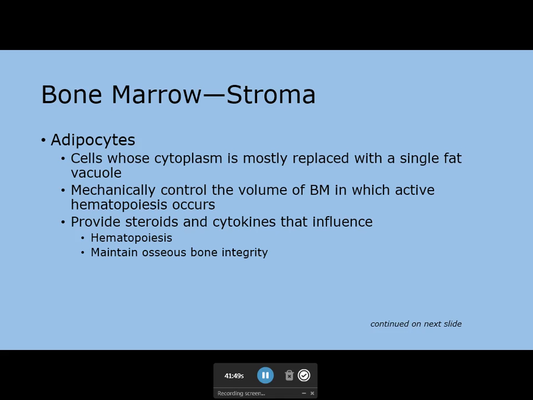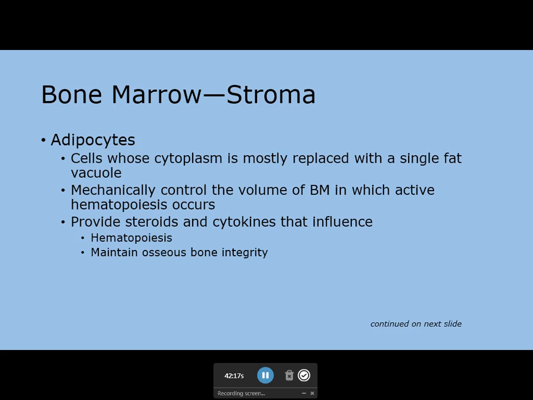Technically, you may have started having a little bit of yellow marrow, but it's probably mostly red. A 14-year-old would start having a decrease, and the middle of the bone would have a lot of yellow, and it would start pushing out. Your fat, the adipocytes, actually begin pushing the red marrow so that it condenses into just the proximal end of the bone.